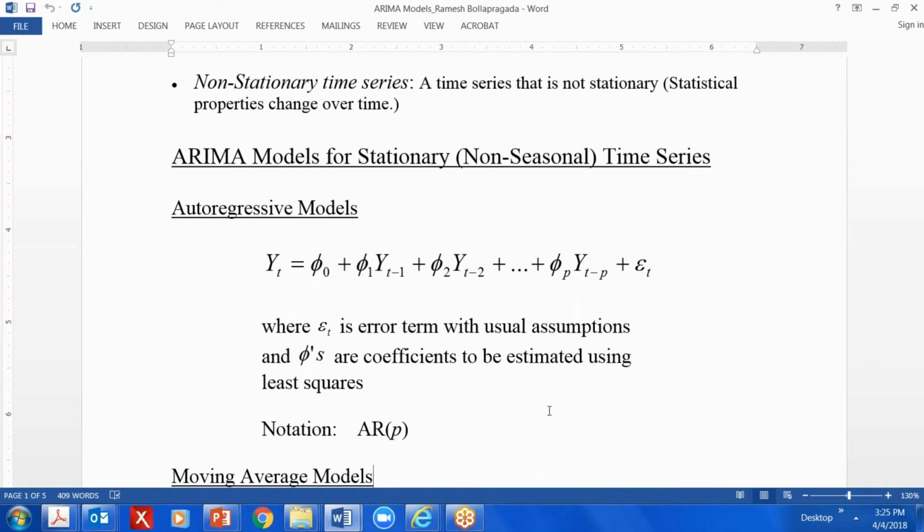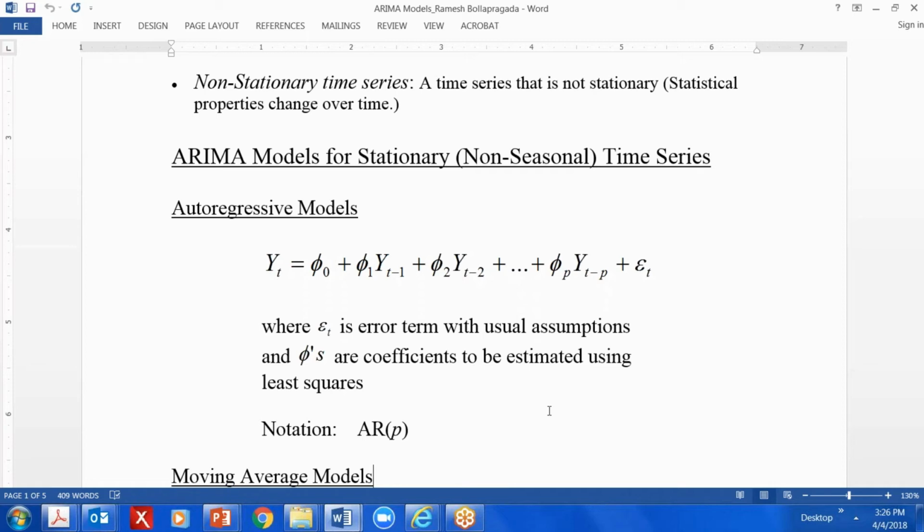As you would see through these equations, in the AR model you forecast the demand for a certain time period, in this case YT, as a function of independent variables, which are nothing but the same variable lagged by different time periods. Like YT minus 1 is the value of Y lagged by one time period.